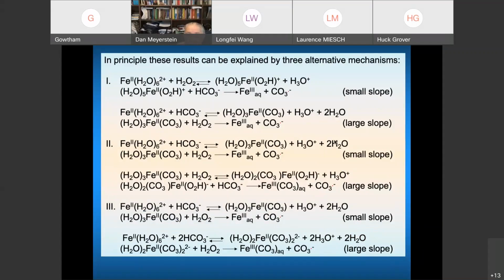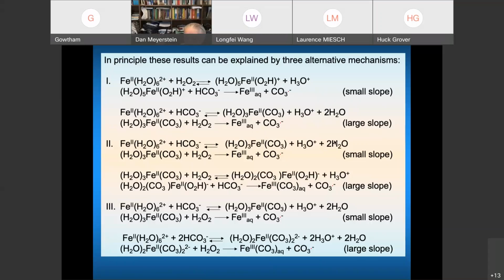On the other hand, if you have a higher concentration of bicarbonate, remember, above 1 millimolar, which is lower than the concentration of bicarbonate in any cell we have, in the cells it's somewhere between 4 and 40 millimolar, then we form first a bicarbonate complex, and this reacts with hydrogen peroxide, and this is a larger slope.